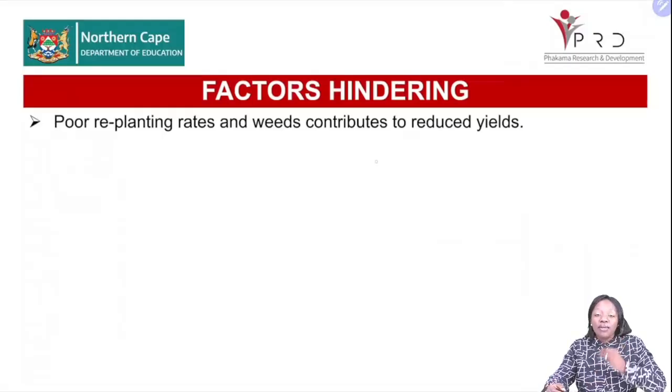So if they replant in an incorrect way, their next yield will be lower. Remember, we said among the factors that favor, the abundance of cheap labor means anyone can be employed to work there, whether or not he or she has the skill. So when it comes to replanting, it also becomes a hindering factor if it was done incorrectly.